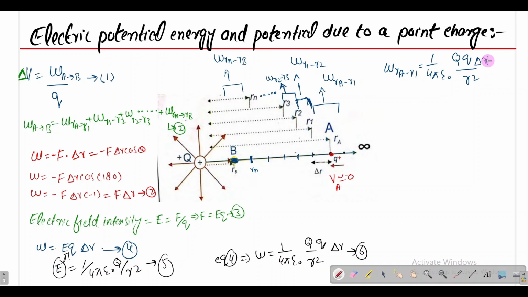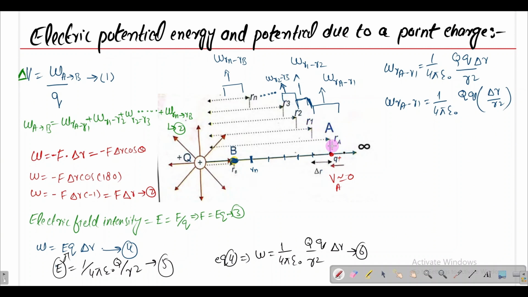So here I will put the values for del R and R square. The work done from RA to R1 is given by 1 over 4 pi epsilon naught Q Q, multiplied by del R, divided by R square. In this case, del R is RA minus R1.